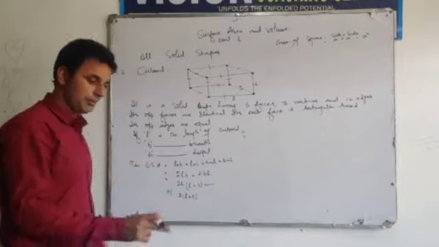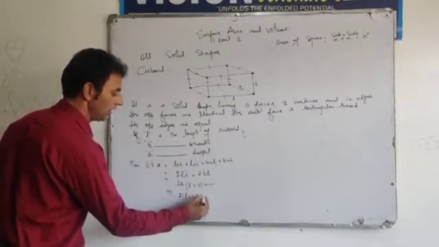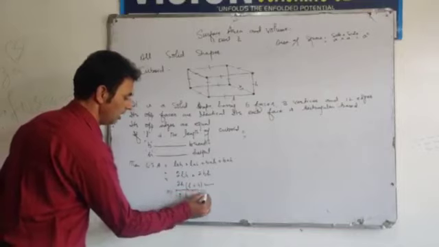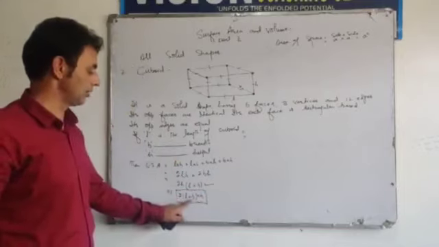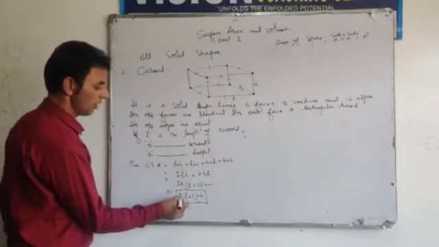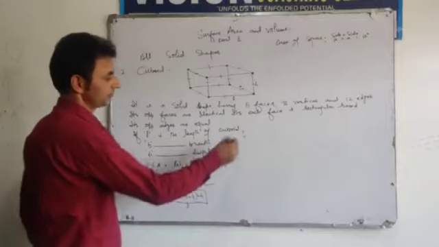That means perimeter of the rectangle multiplied by the height. And this is the general form of the lateral surface area of a cuboid: twice (length plus breadth) into height. And you should note this thing, twice (length plus breadth) means the perimeter of the rectangle.